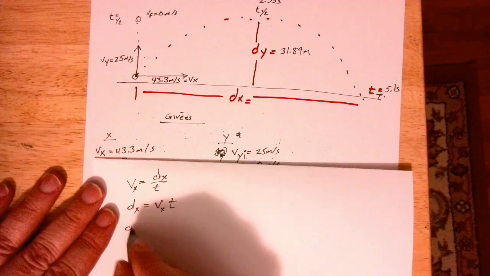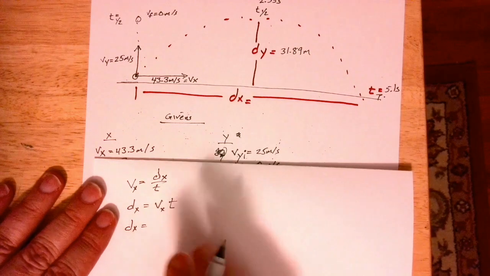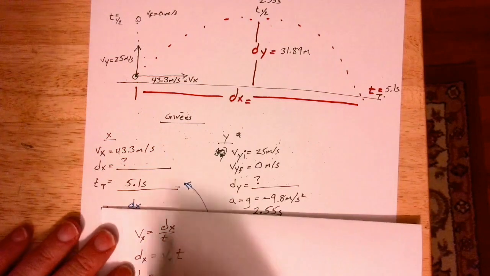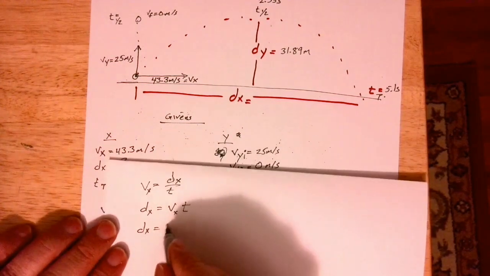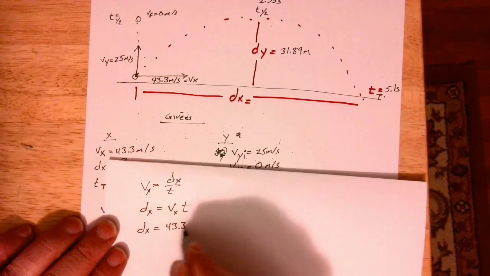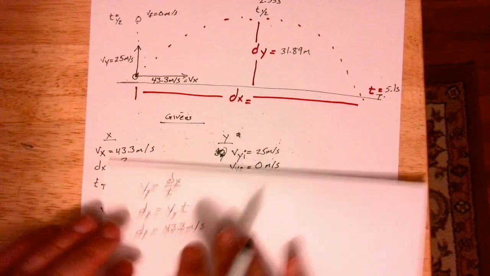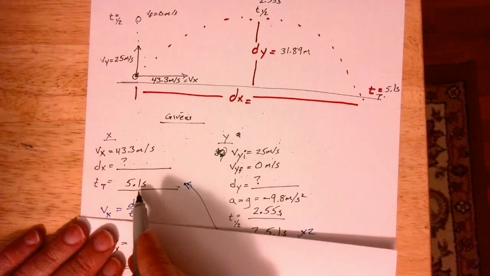So the range, or d sub x, is equal to the velocity in the horizontal direction, which is 43.3. And the time that it's traveling is 5.1 seconds.